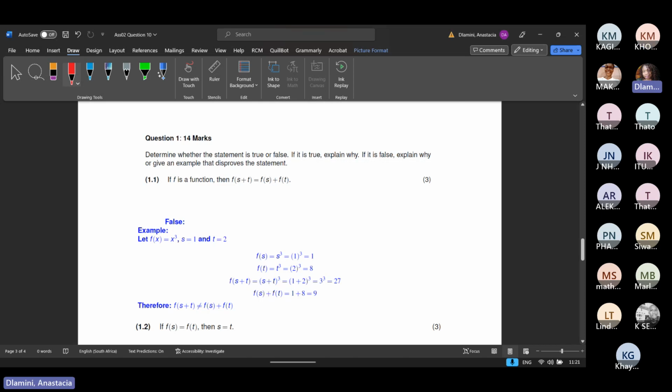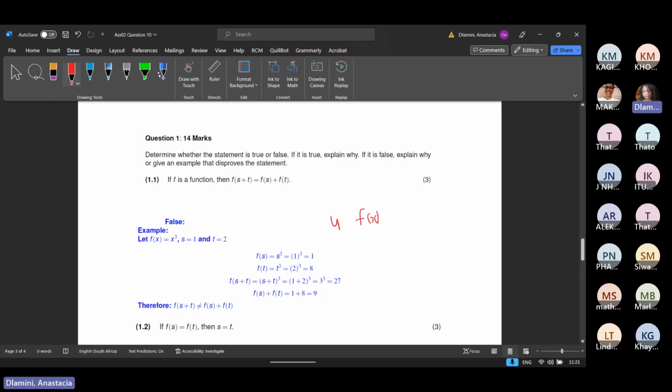They're saying that if I have f of x, a function, and y is equal to f of x, and I substitute a value s in f of x, I get that. And I substitute another value called t in f of x, and I get that.